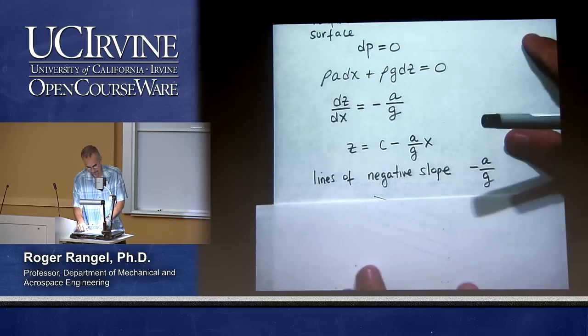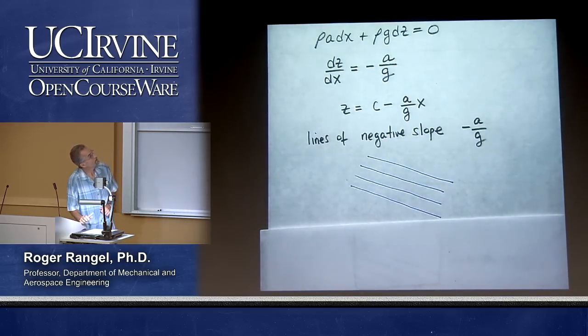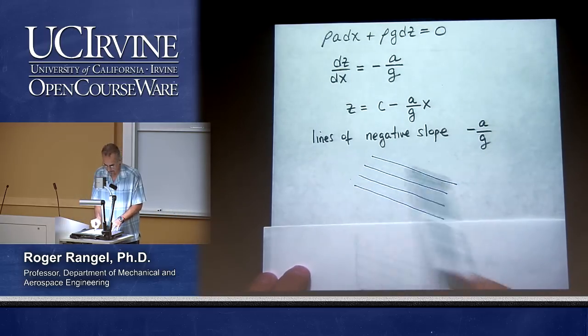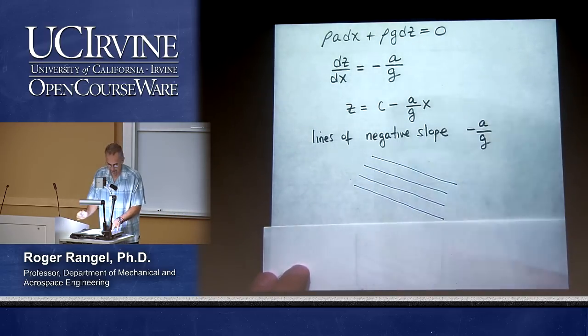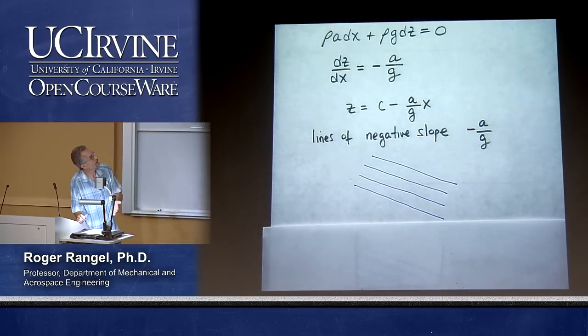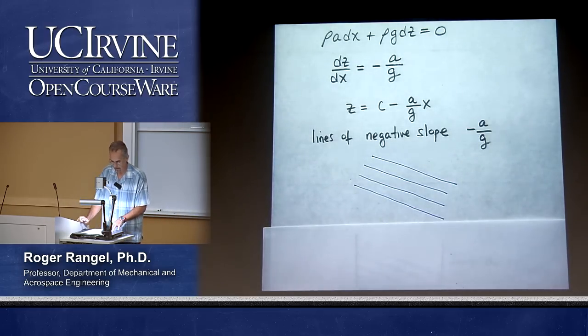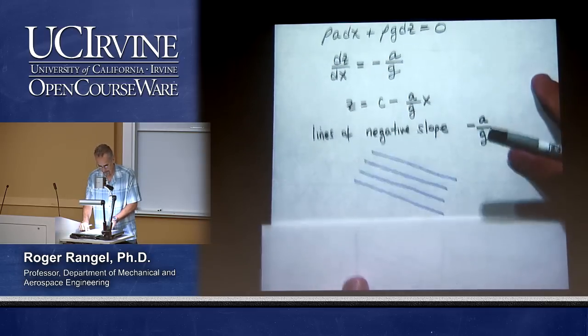What does that mean? That these constant pressure lines look like this. They are straight lines with negative slope, and of course they're all parallel to each other depending on the value of the constant. So since all constant pressure lines are straight lines with negative slope, that means that also the free surface is a straight line with a negative slope.